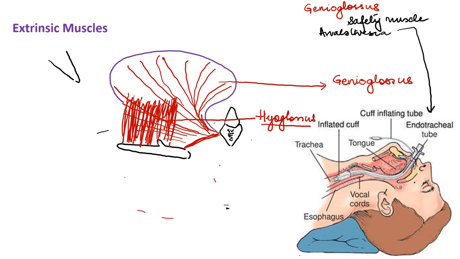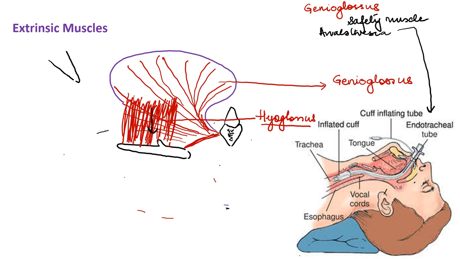This muscle is the hypoglossus muscle, and when it acts, it's going to depress the sides of the tongue, the lateral part of the tongue, and move it towards the hyoid bone. So this can cause depression of the tongue.